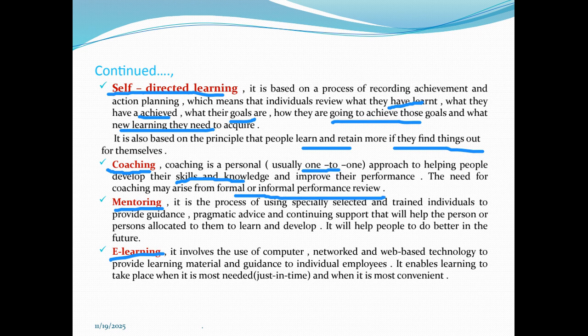Again, giving you an example from academia or university: there is a young doctor who is struggling to publish.